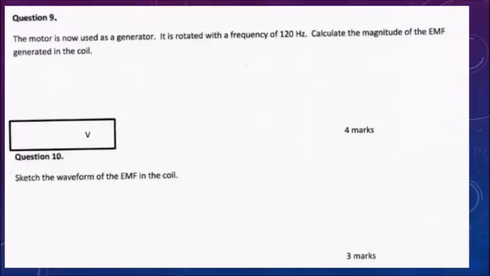Okay, question 9. The motor is now used as a generator. It's rotated with a frequency of 120 Hertz and calculate the magnitude of the EMF of the coil. Now, all the information's been given previously, so we've just got to apply this to the question.